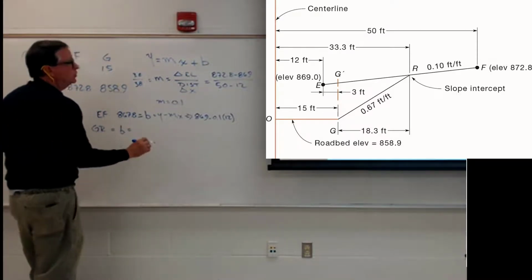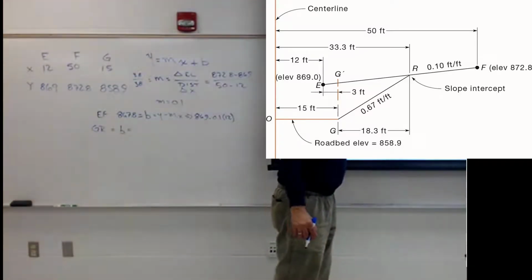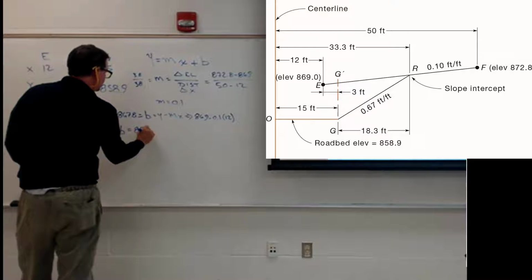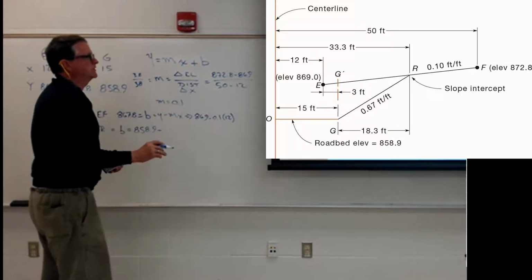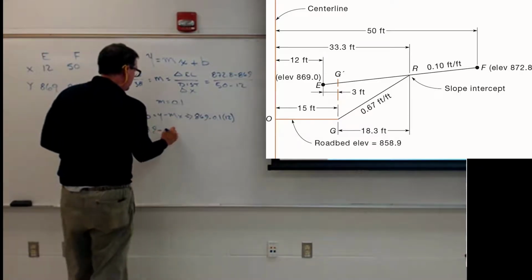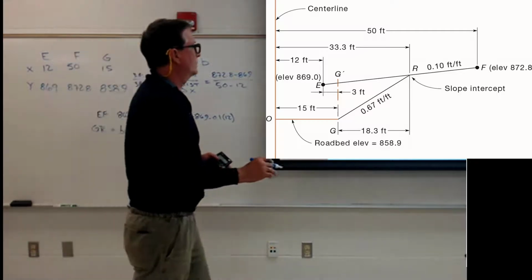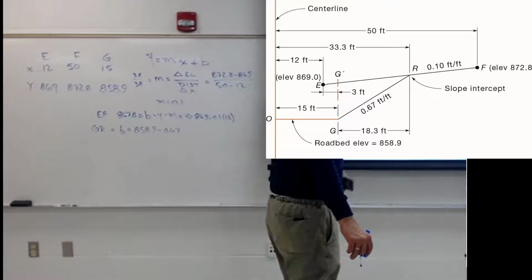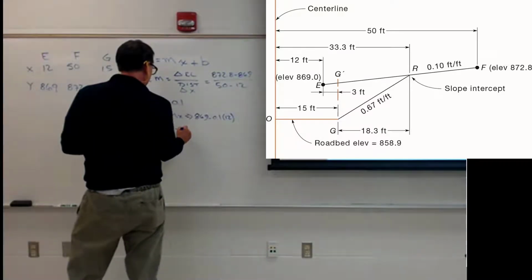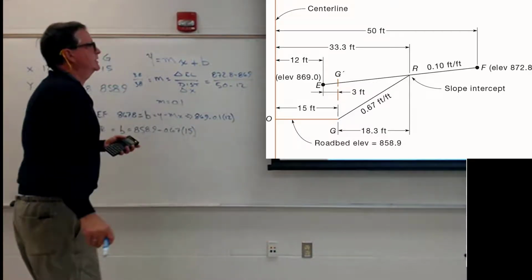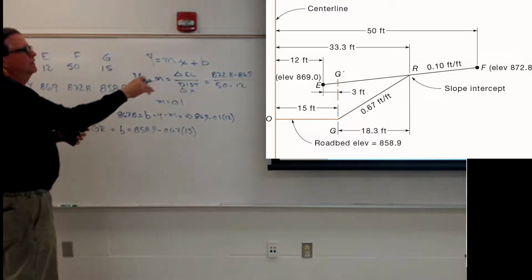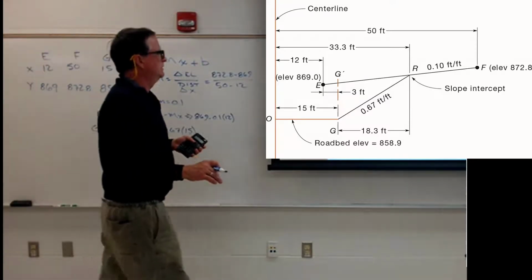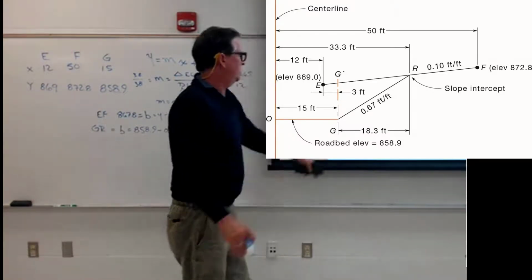Or B is going to be equal to the y value, which is 858.9, minus the slope, which is 0.67, times the x value of G. It's 15 feet.